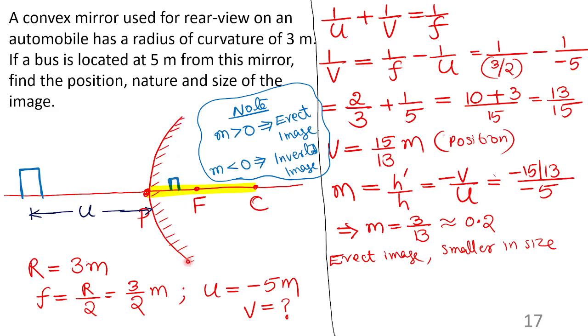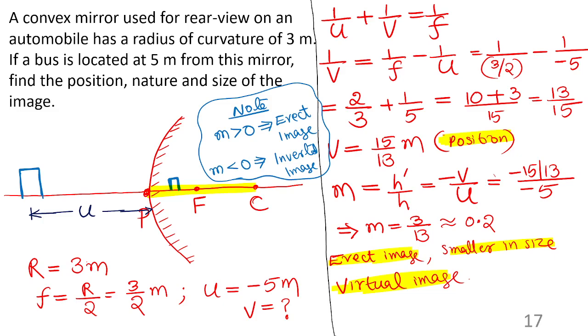If the image is on the coating side, it will be a virtual image. The image cannot be obtained on a white screen. So all the properties I found: the position, inverted or erect, size, real or virtual, all the details I got. You please write down. If you don't understand, you can ask me, okay?